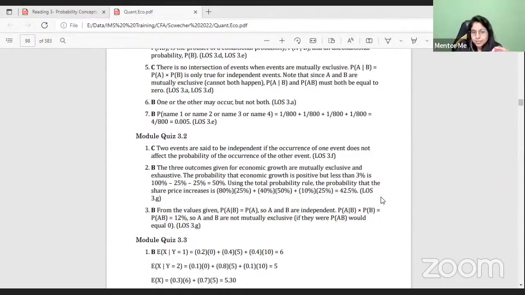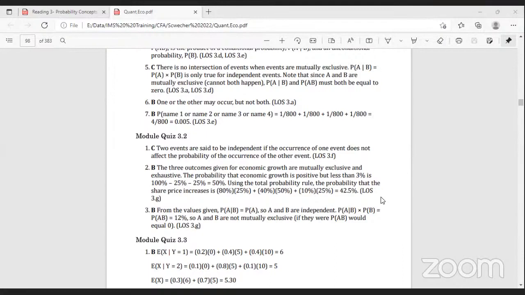That means if the economy is growing by more than 3%, there's an 80% probability that the share price will go up, and a 20% probability of the share price going down, even if the economic growth has exceeded 3%. That is what that statement says. But my only question is why we multiply 80 and 25.